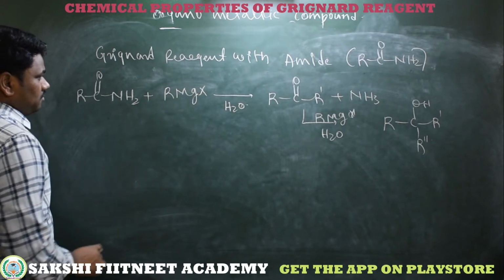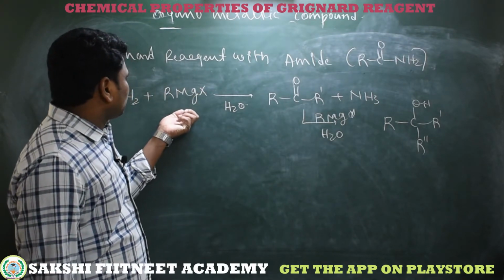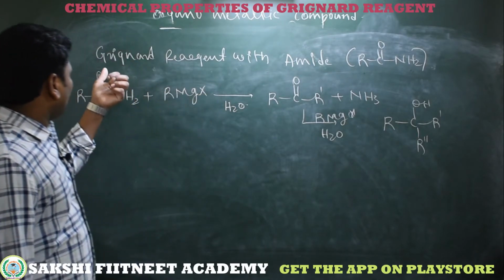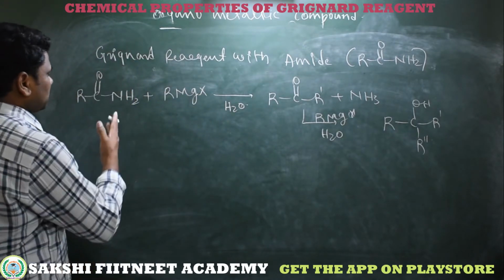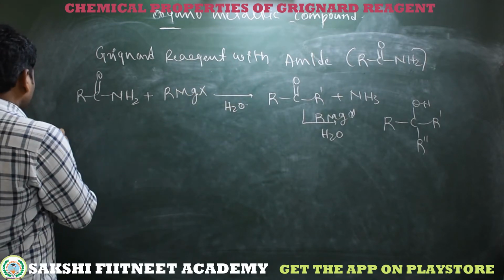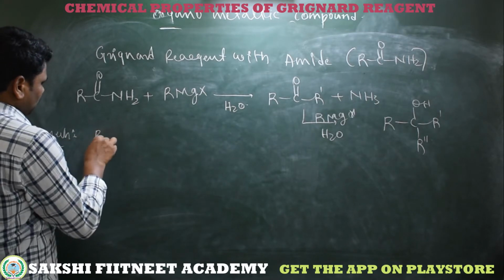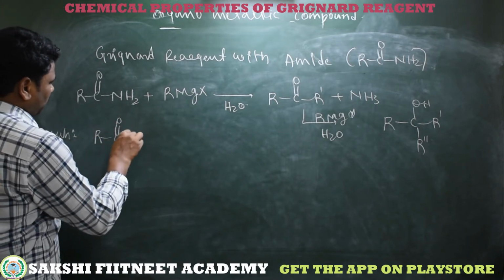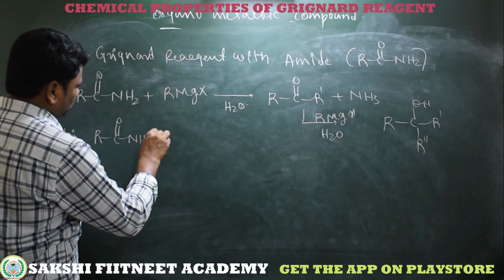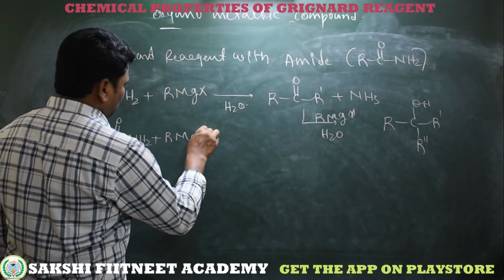After the first Grignard reagent, we will get an OH and NH2. So H plus, NH2 minus, NH3, like NH3 it is going to eliminate. However, here I am writing the mechanism: R C double bond O NH2 with a Grignard reagent R MgX.